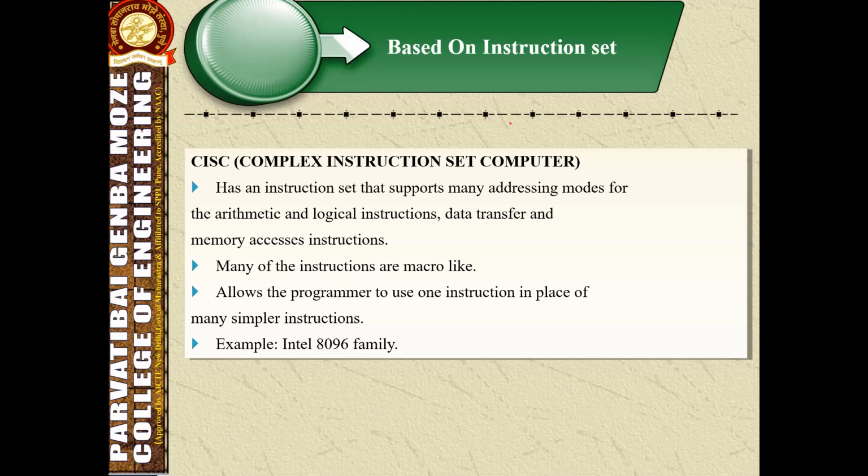The RISC having many instruction set allows the programmer to use one instruction in place of many simple instructions. The RISC type of instructions refer to more memory and variable format instructions.